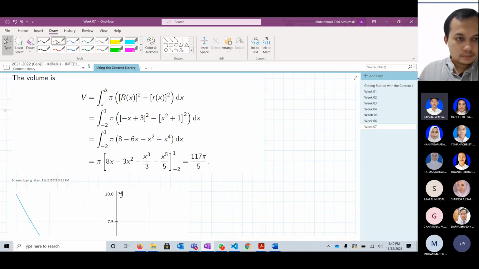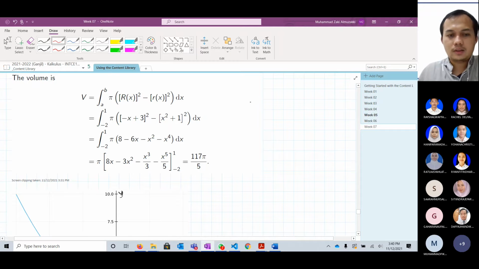After that, we expand it, right? Yes. We have that (minus x plus 3) squared is x squared minus 6x plus 9, and (x squared plus 1) squared is x power 4 plus 2x squared plus 1.